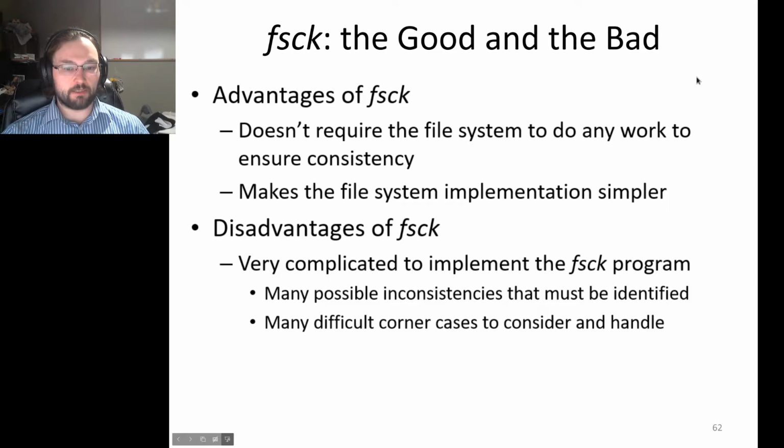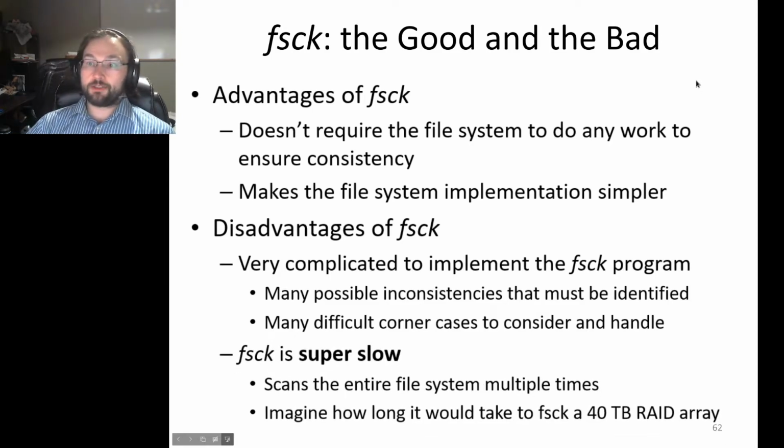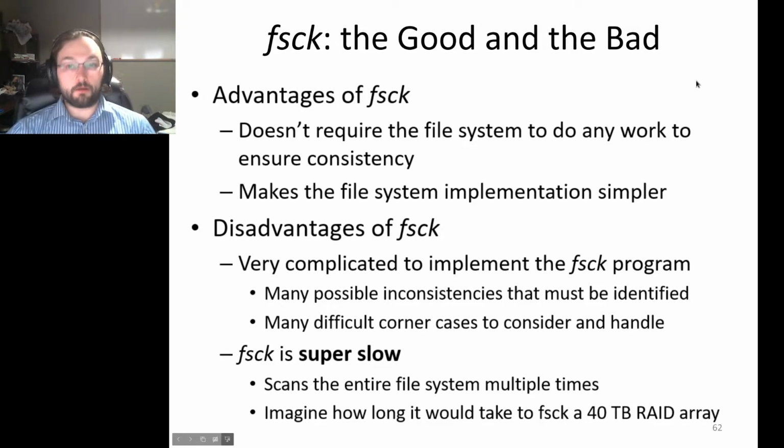The other disadvantage is that file system checkers are kind of slow. And hard drives, which is what we were running on, are also kind of slow. And we have to do full tree traversals, which means a lot of seeking.